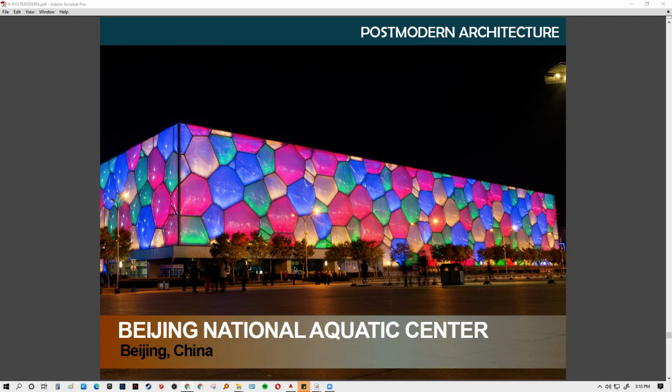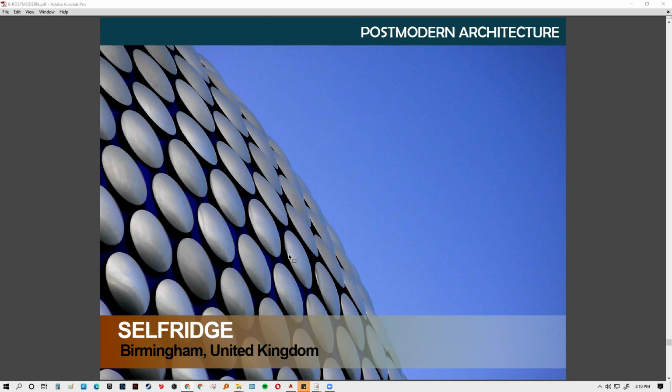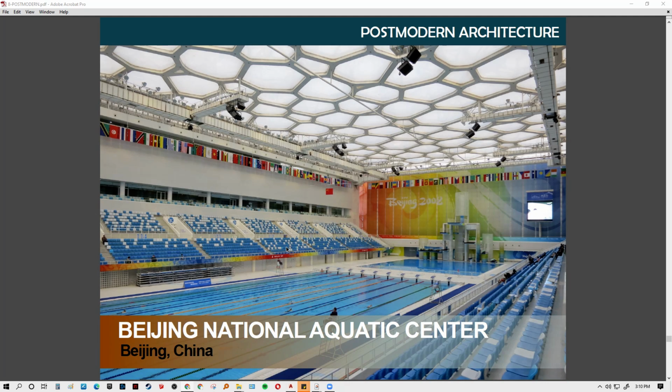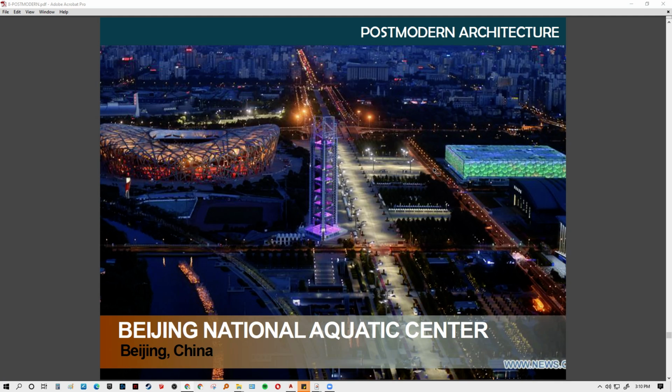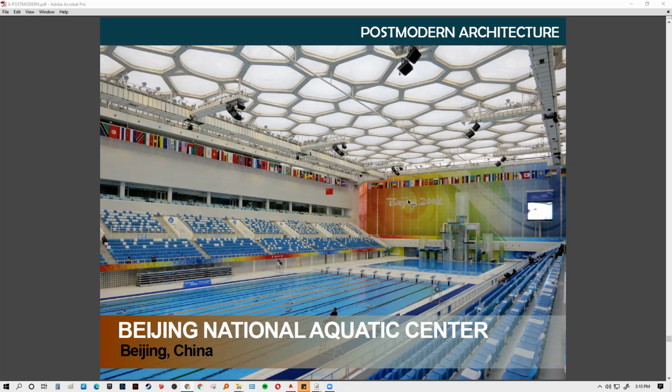The stadium. So this has a pool, also used in the prior Olympics. It has a basic form, however uses different patterns. Basically these are like the ripples of water, or the bubbles of water that is seen.